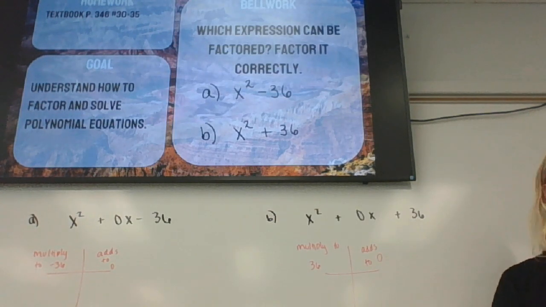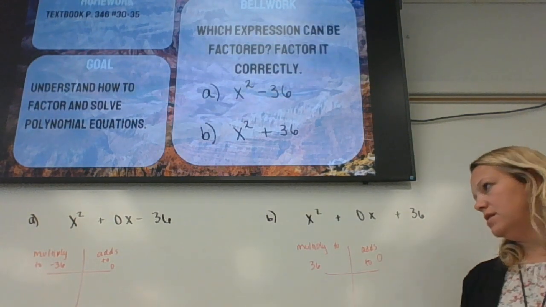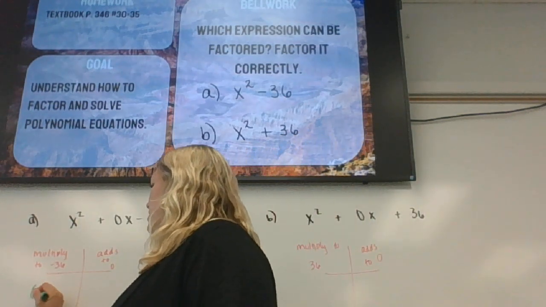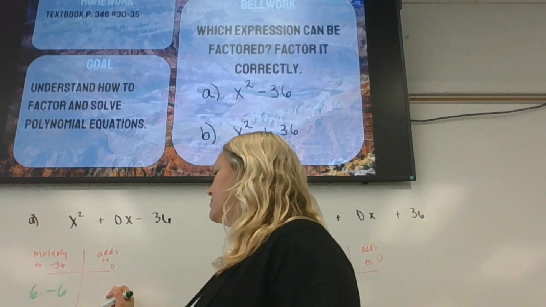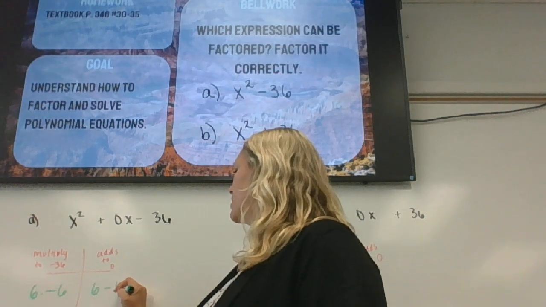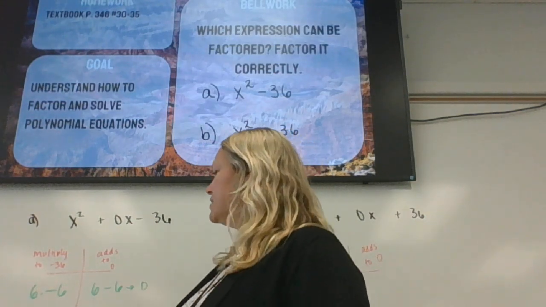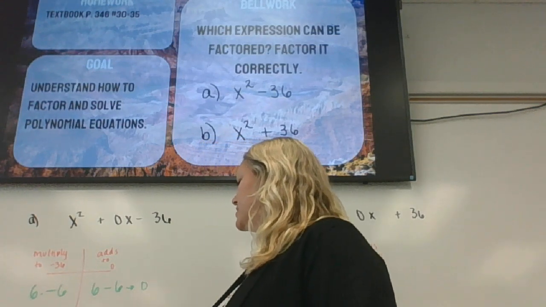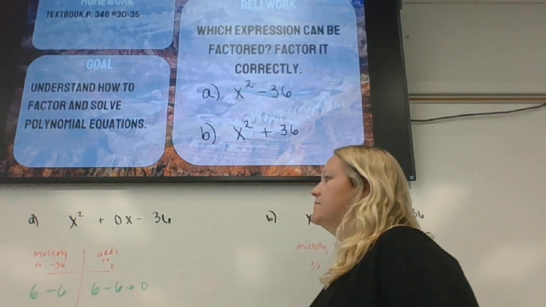Some of y'all heard me talking about this yesterday, some of y'all probably didn't, so I wanted to highlight it again. Things that multiply to negative 36 and add to 0: 6 times negative 6. So this one can be factored into positive 6 and negative 6.